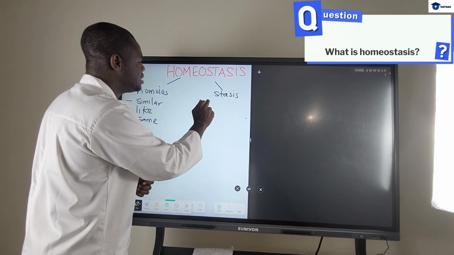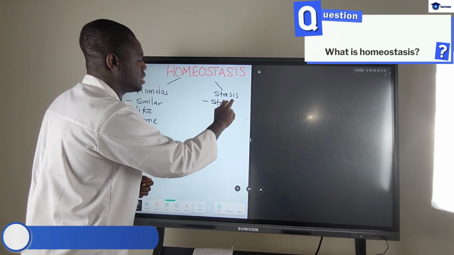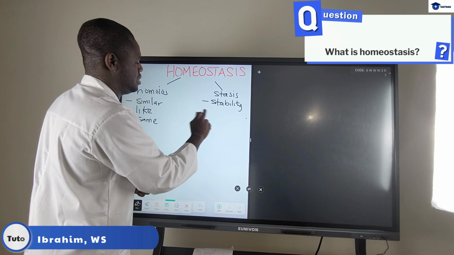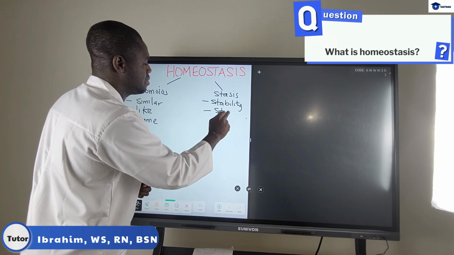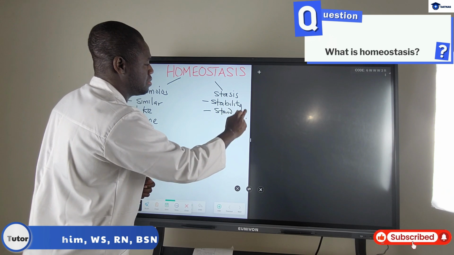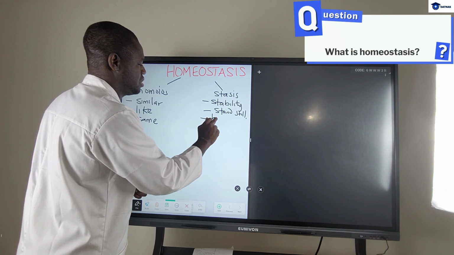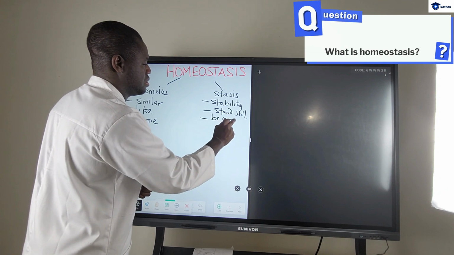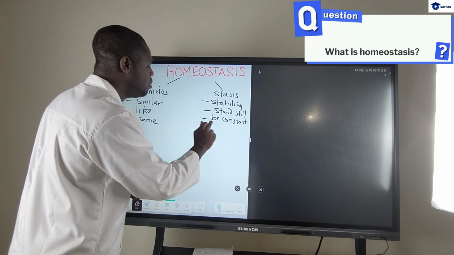Stasis, on the other hand, means stability. Stand still. To be constant. To be regular.